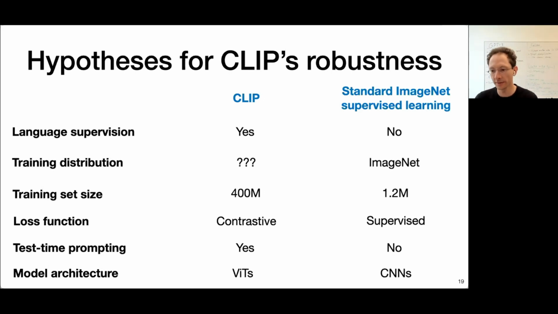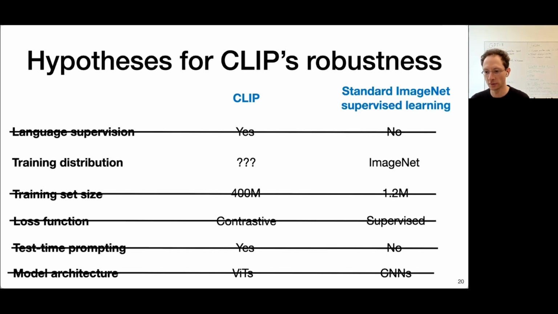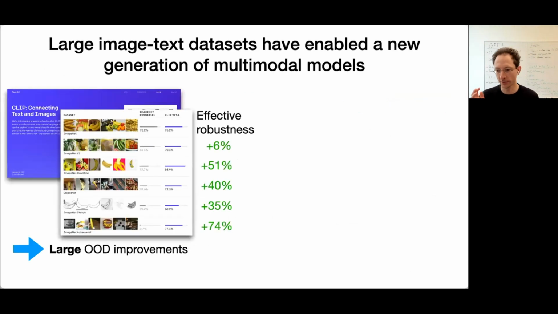And then the cool thing is that you can actually rule all of these out in a very precise way, with the exception of the training distribution. So this is a very good example overall that having high quality training data is really, really key to reliable generalization. And yeah, going back now to the high level theme here, the out of distribution story with the image and distribution shifts, I think this is one very nice example that multimodal datasets are key for AI right now.